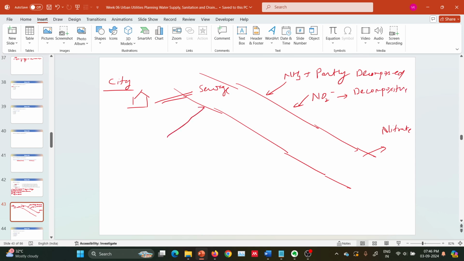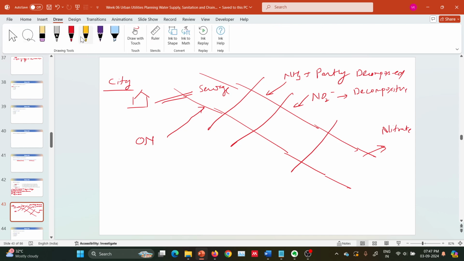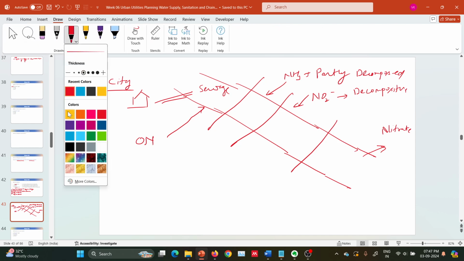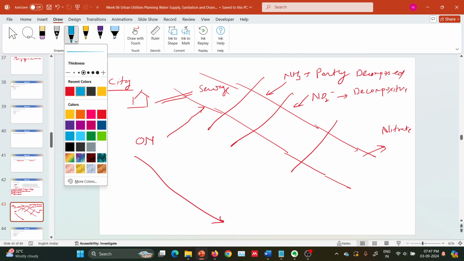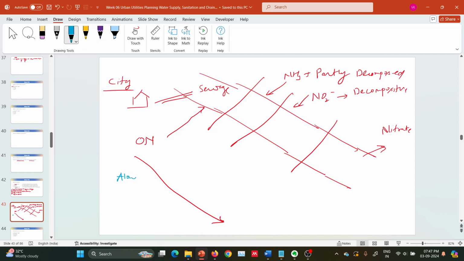If you see organic nitrogen, see these are along the length. Consider it like this, along the length.